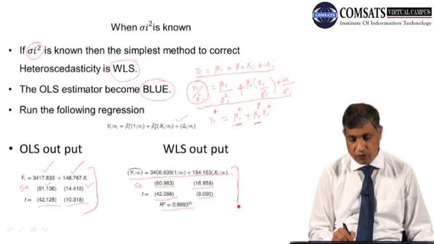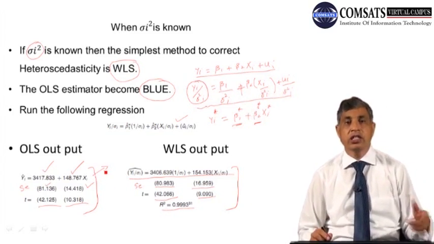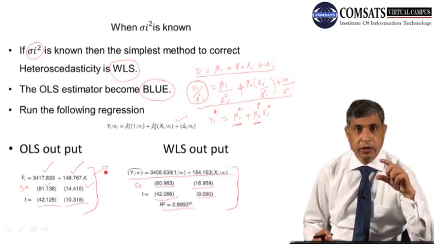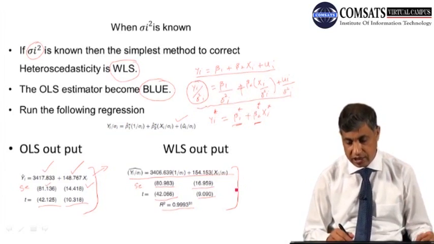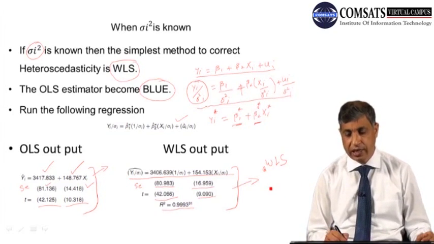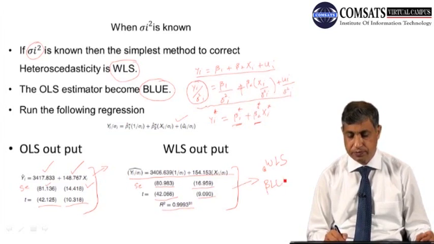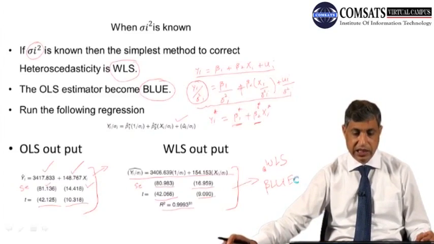Now when you estimated by OLS, your parameters were not BLUE. But if you give this output, the parameters that you have estimated from weighted least squares are now, you can say, BLUE. So this was the method of weighted least squares.